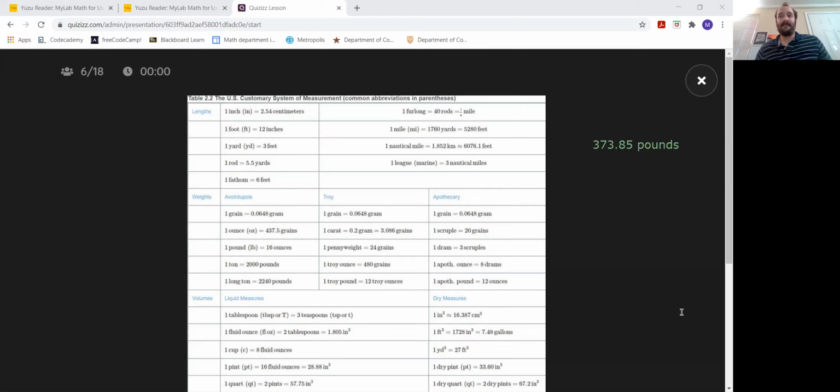You can maybe use a little bit of inference about what you know about pounds and tons to know whether it's correct. Without even knowing unit analysis, you should probably be able to sort this one out a little bit. But with doing the unit analysis, you should definitely be able to do it.